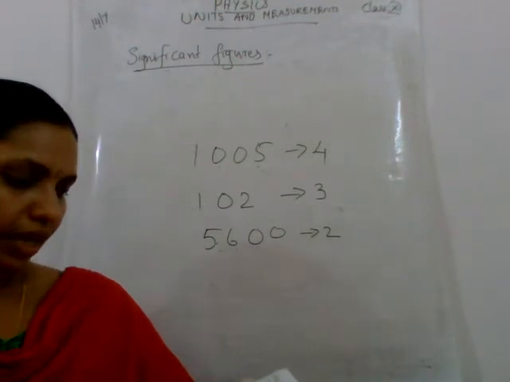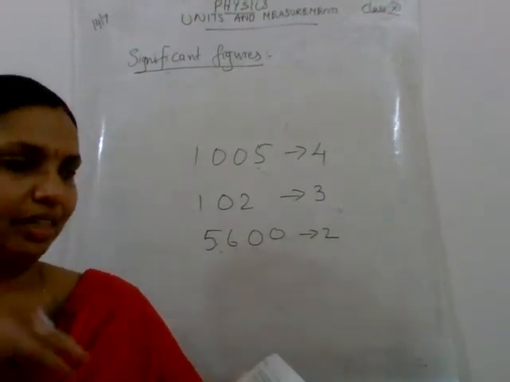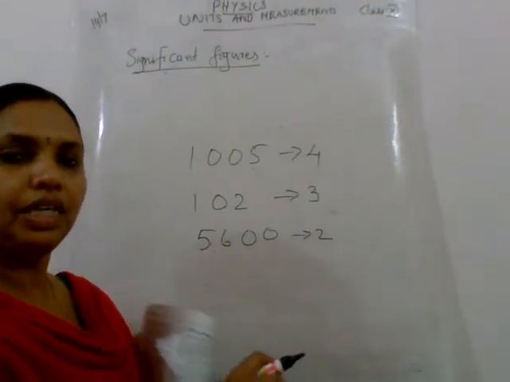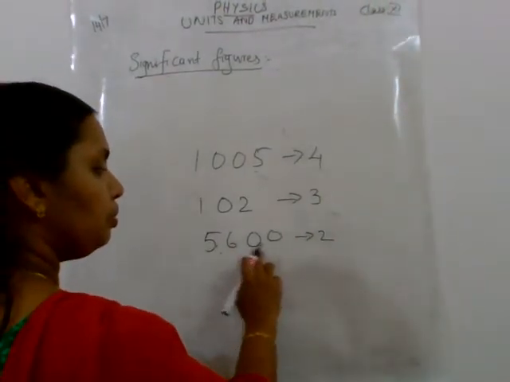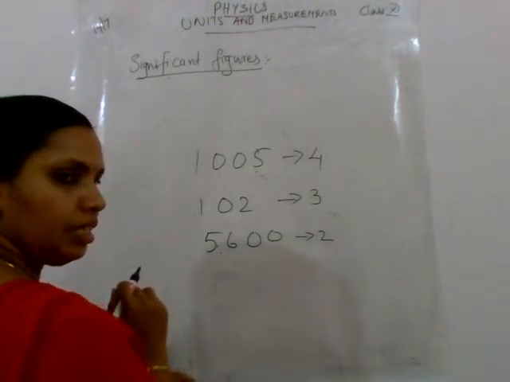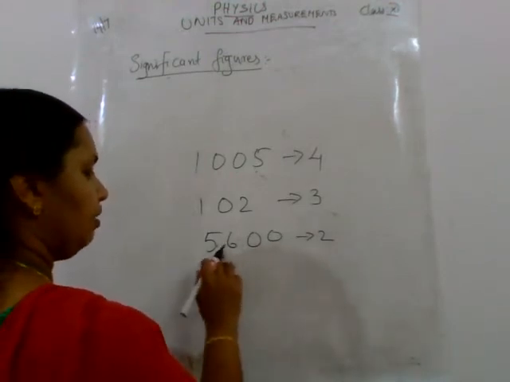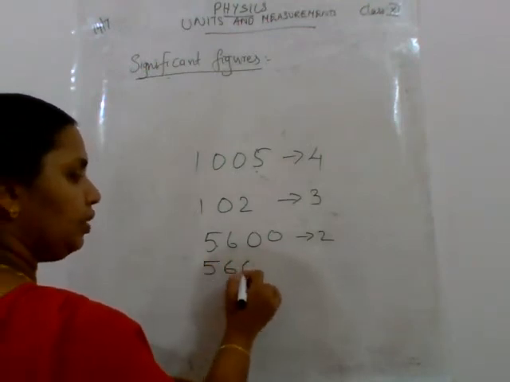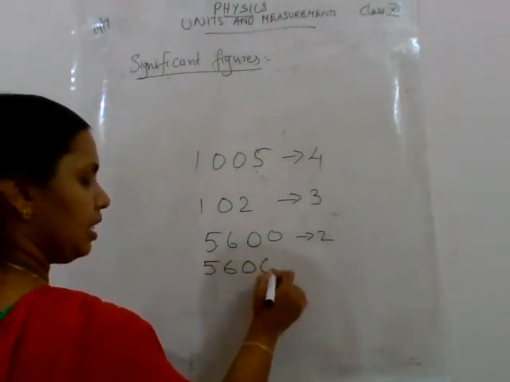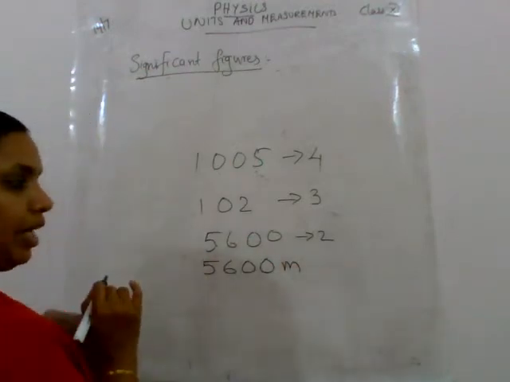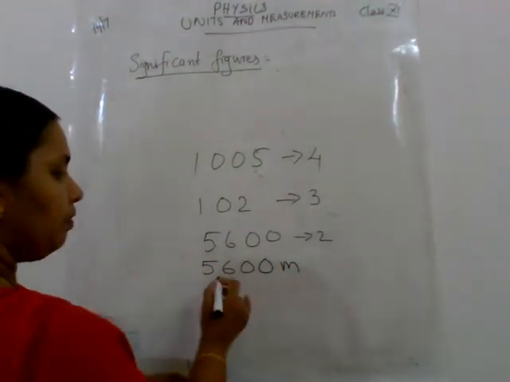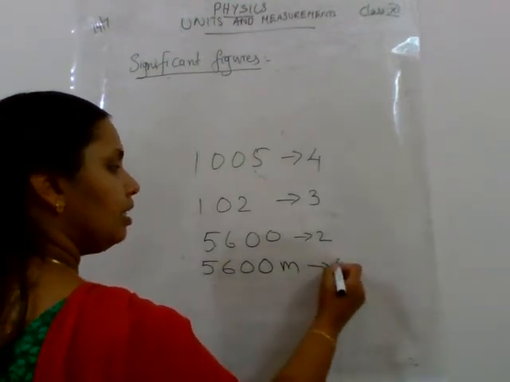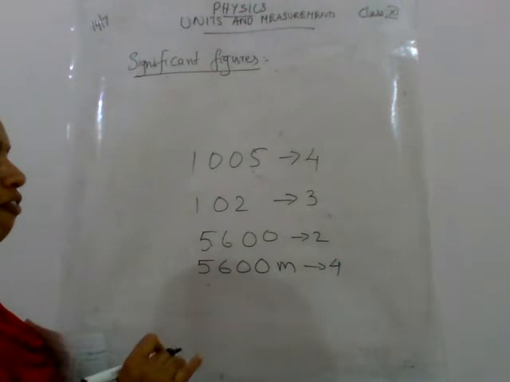So here there are 2 significant figures. And see, one more speciality is that here we are writing 5600 meter. We are specifying the unit here, so the significant figures are 4.